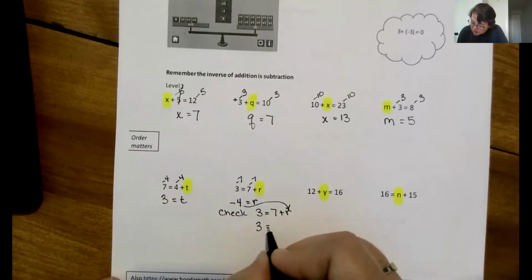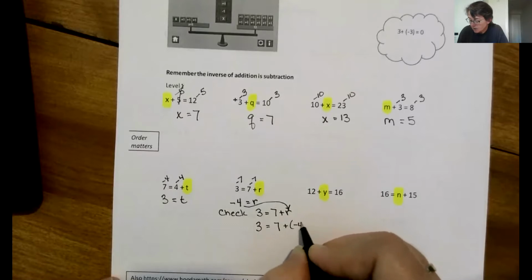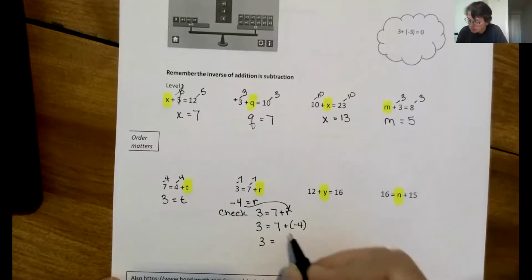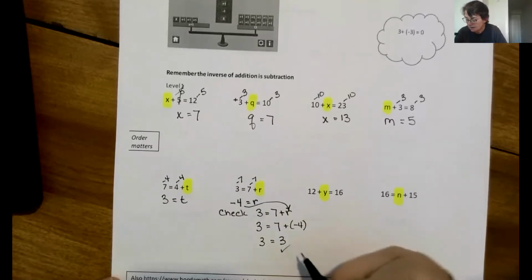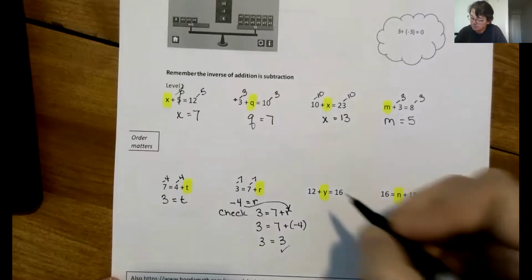So 3 is equal to 7 plus negative 4, and you know that that answer is 3. And when these two numbers are the same on both sides, then your check worked. Remember this number and that one don't have to match, but the ones on both sides of the equation do.